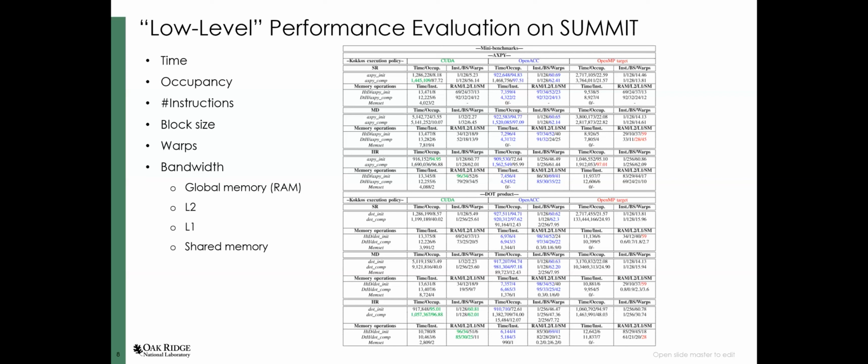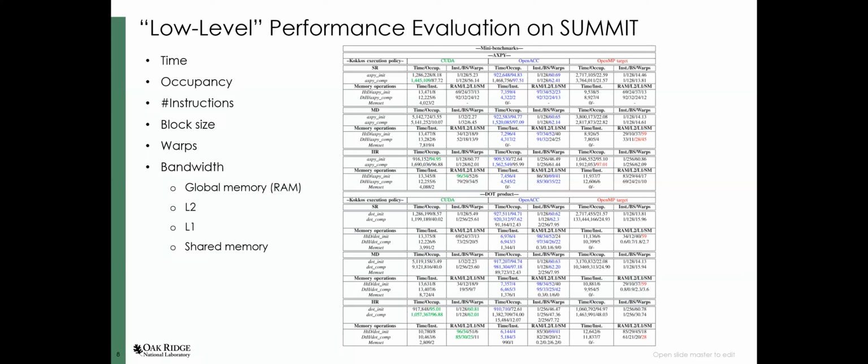In this slide, basically, I'm analyzing the performance at a lower level. I'm analyzing the performance not only in terms of time, but in terms of number of instructions, also the block size, number of warps used, and in particular, the bandwidth that we are able to get in the different levels of the memory hierarchy of the GPUs.